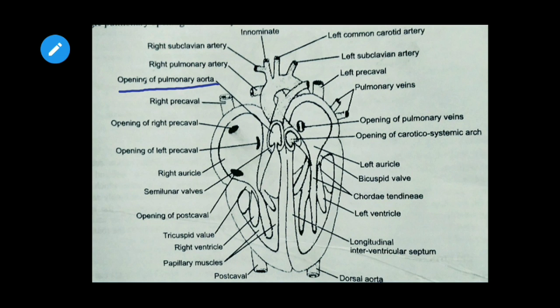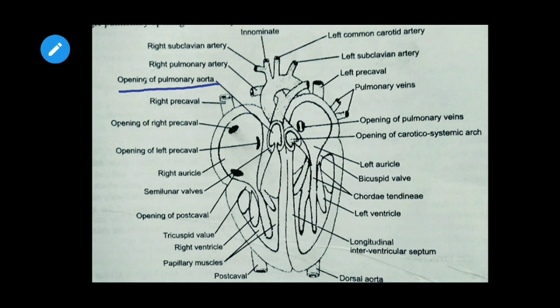The systemic arch arises from the left ventricle and carries oxygenated blood to the different parts of the body. The two aortae leaving the ventricle cross each other and communicate by a muscle strand, that is ligamentum arteriosum.